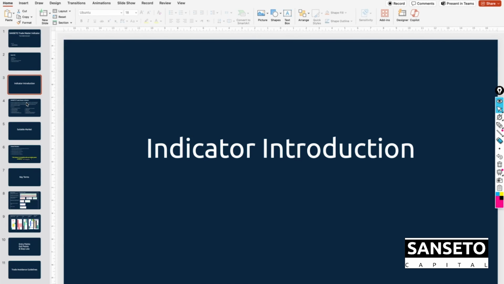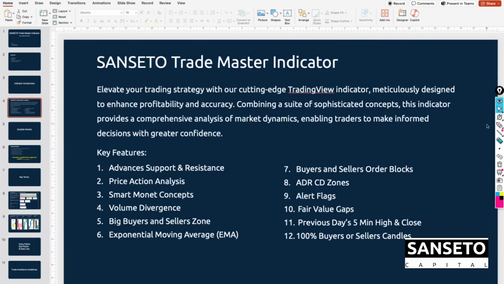Let's see the indicator introduction. We named our indicator SANSETO Trade Master Indicator. Our indicator will elevate your trading strategy, and it is built on top of TradingView Pine script. Its profitability and accuracy is comparatively higher than other indicators.